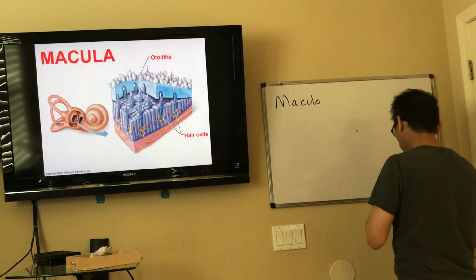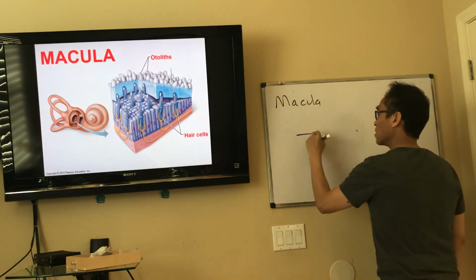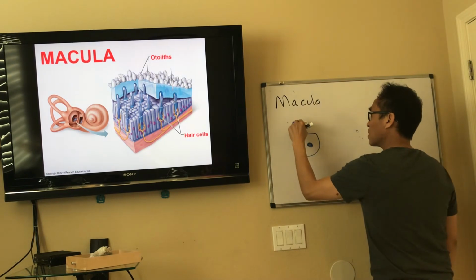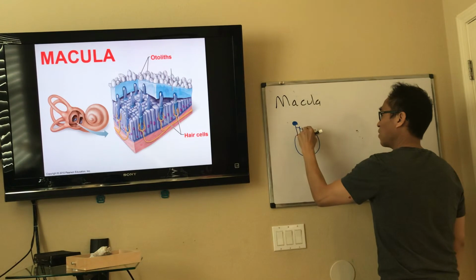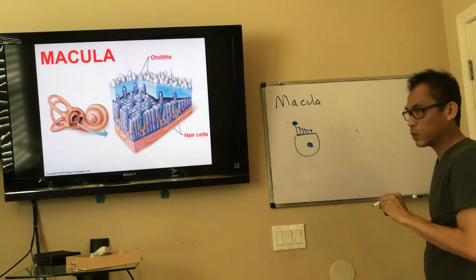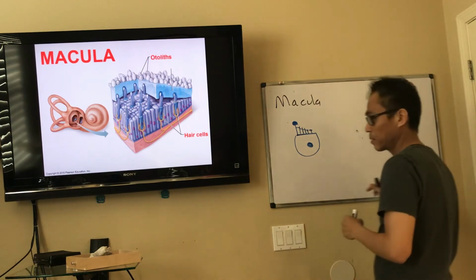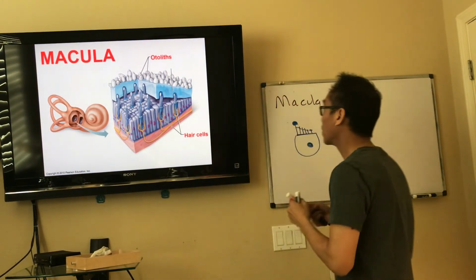draw a hair cell here. Here are the little hair cells, and the tips of the hair cells are all linked, and they're stuck inside an otolithic membrane. So I'll use red, or how about orange?